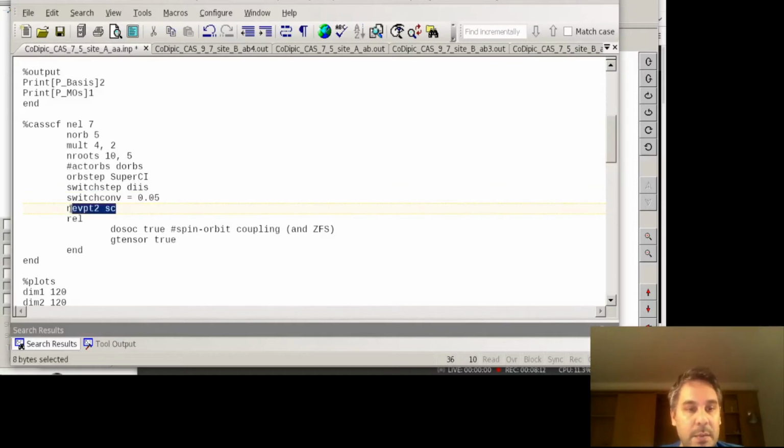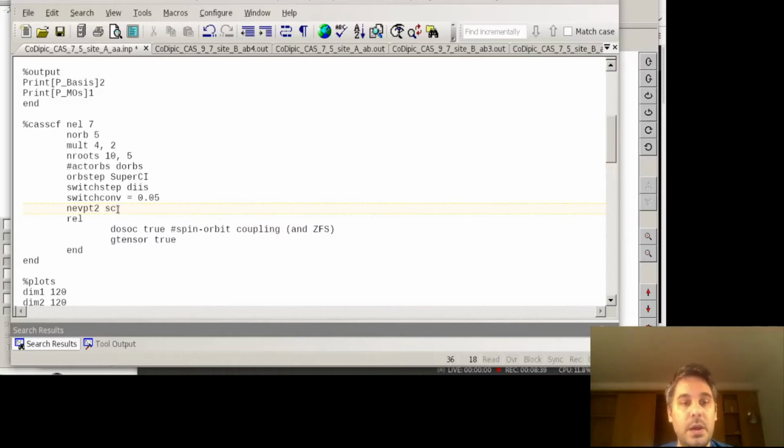Then what I'm doing is using the NEVPT2 keyword. This is perturbation theory that is applied on top of CASSCF, because CASSCF is the multi-configurational equivalent of Hartree-Fock. And we know that Hartree-Fock is a good approximation for some things, but it's not very accurate in getting good energetics.